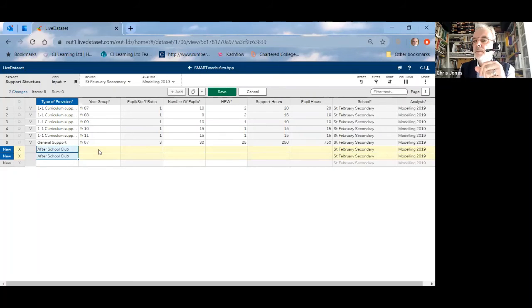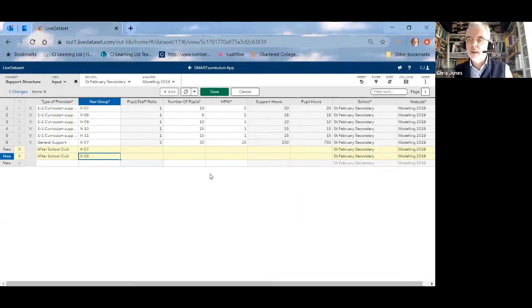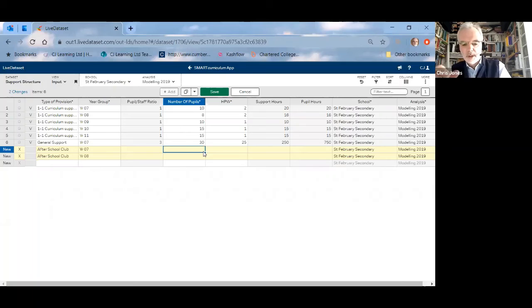What we would say is, I've got 2 cohorts, maybe it's a class of 30 that are after school and they're involved in some form of activity. I'm going to say it's a group of 30 and there's 15 from each year group.